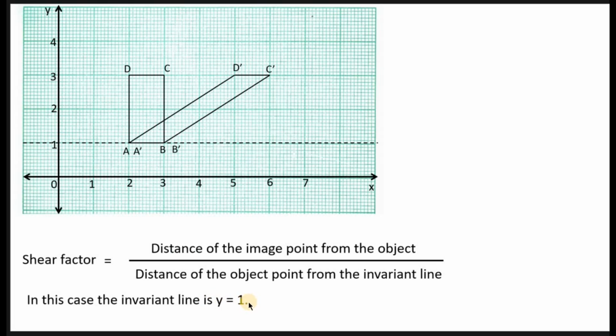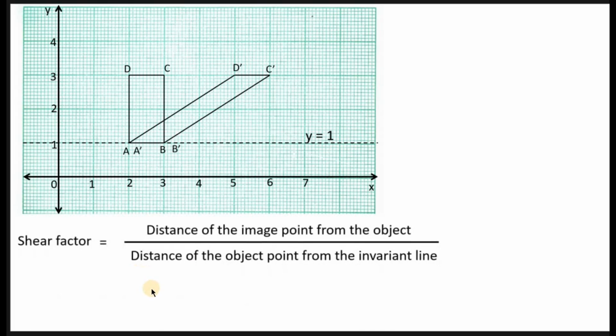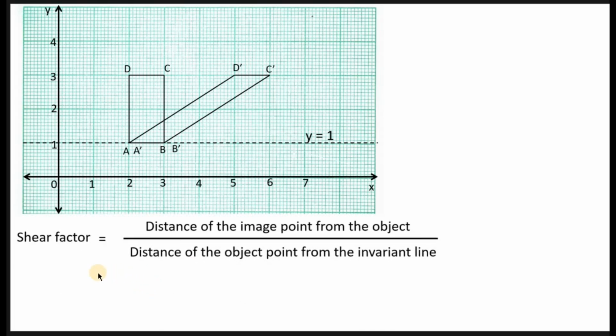Very important to understand these points at the beginning. Having told you the invariant line, now we are going to explain this formula here. So this is y is equal to 1. The distance of the image point from the object can be like this.